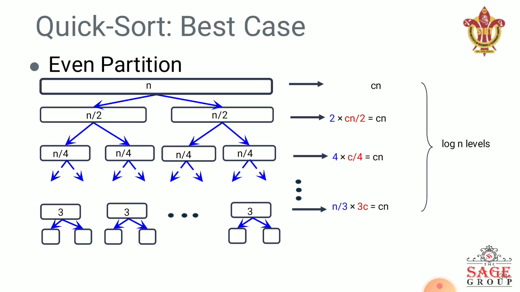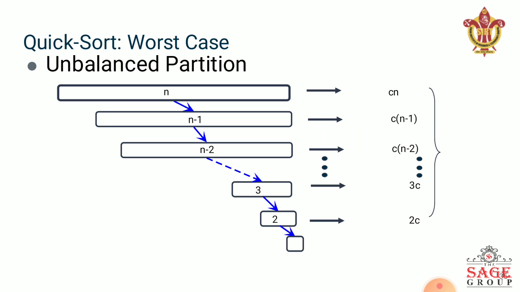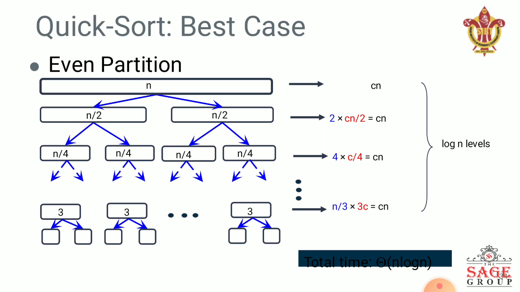Then again we apply quicksort to n by 4 elements, until we reach the base case condition. So this algorithm requires n log n time.